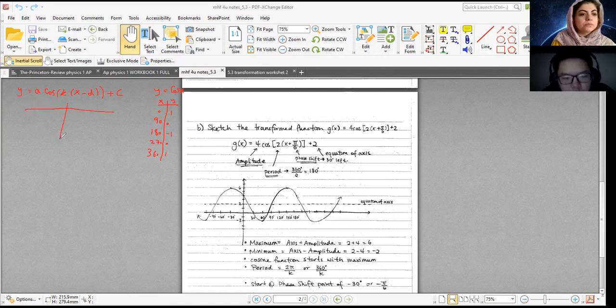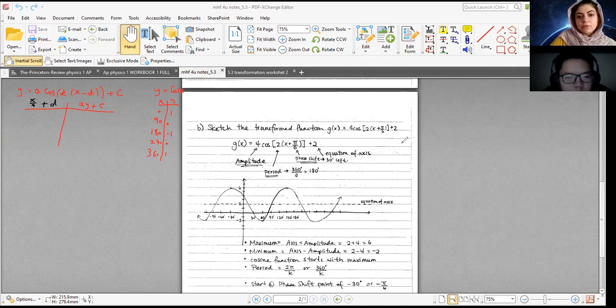This is the rule. A and C are your vertical. So it's going to be ay plus c. Whatever you see for the y transformation, you write it down. But for the x transformation, you have to reverse it, right? K multiplied by x, you have to divide. The reverse of multiplication is division. Minus d, you have to add d to that. So this is the transformation.